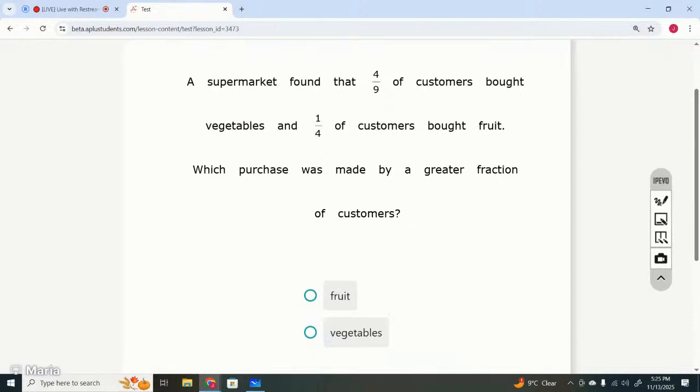A supermarket found that four ninths of customers bought vegetables and one fourth of customers bought fruit. Which purchase was made by a greater fraction of customers? So, which is the correct option?